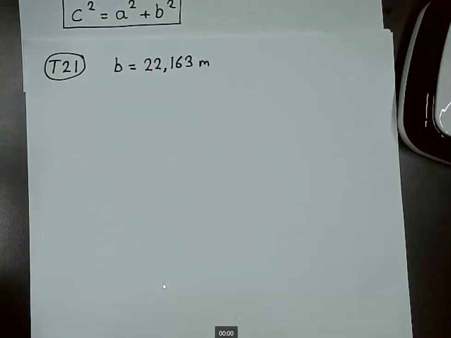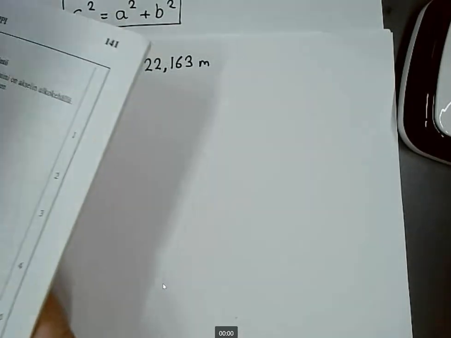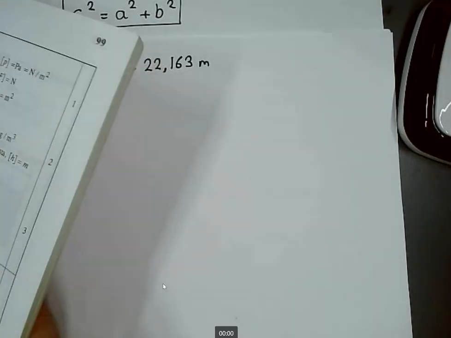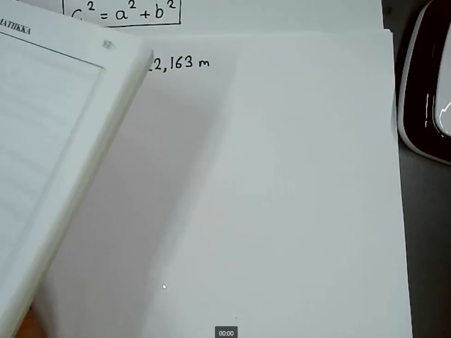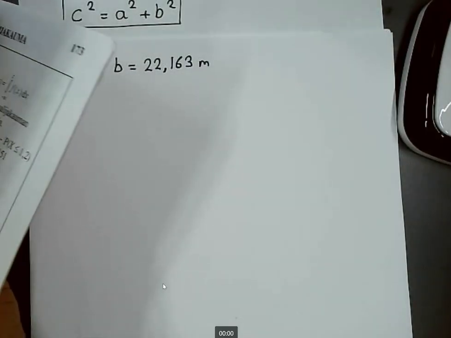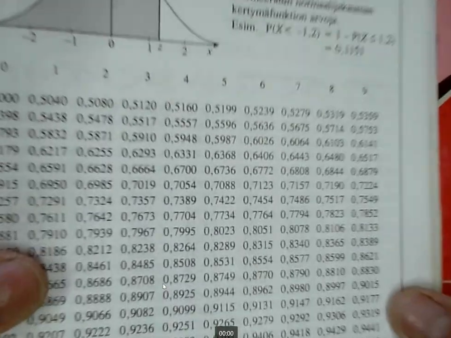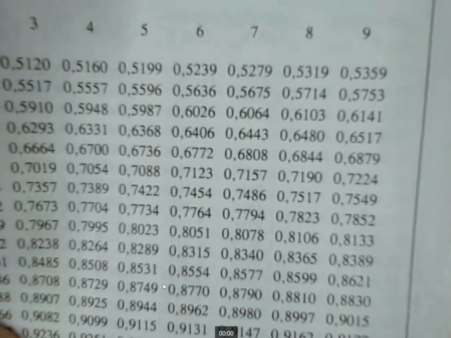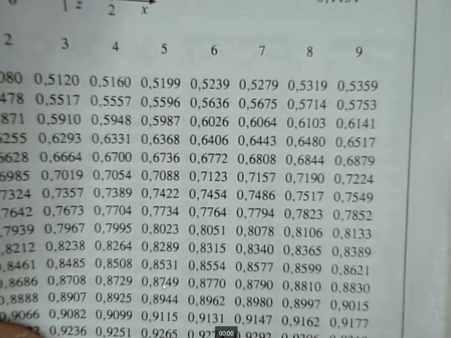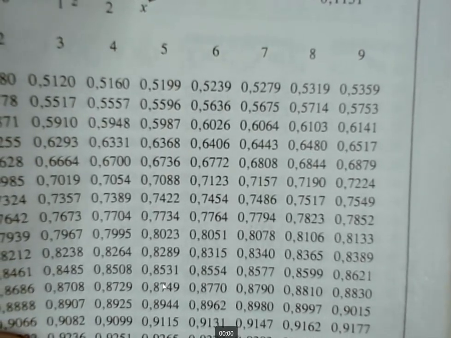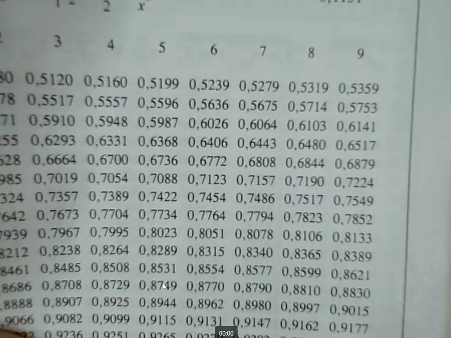We use mostly that. I'll try to find an example from this book. For example, here we have a normal distribution table, and if you watch the numbers there, there are not points but commas. Yes, comma in English.